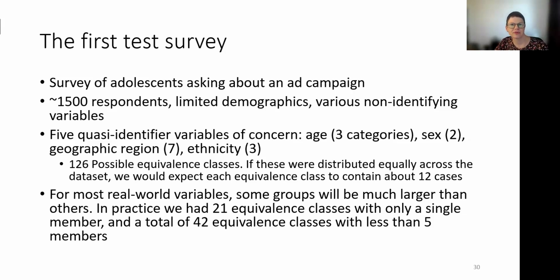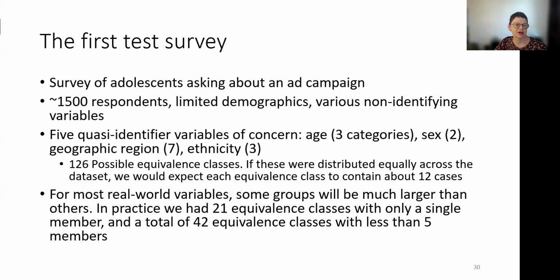And finally, there were 3 ethnic variables, which I think were white, Aboriginal identity or Indigenous identity, and other visible minority. So if you do multiplication, you'll find that these 5 basic variables, age, 3 categories, times 2 categories, times 7, times 3, gives you 126 possible equivalence classes.